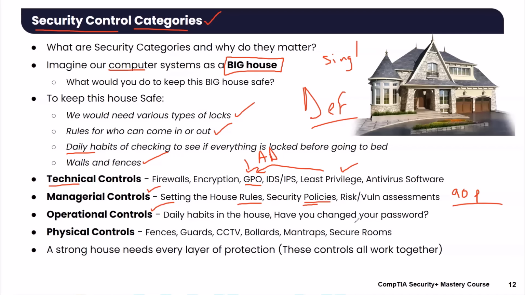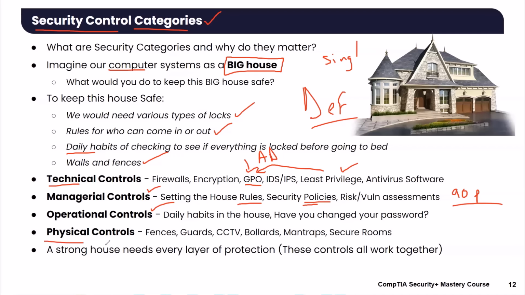Well, 90 days is almost up. Are you changing your password? Hey, everybody, make sure you change your password tomorrow, because tomorrow is the last day to change your password. So that's operational controls. These are the controls we put in place on a day-to-day basis. Like they get enforced on a daily basis. Right? Operational, when the company is running. These are the controls that get enforced on a daily basis.